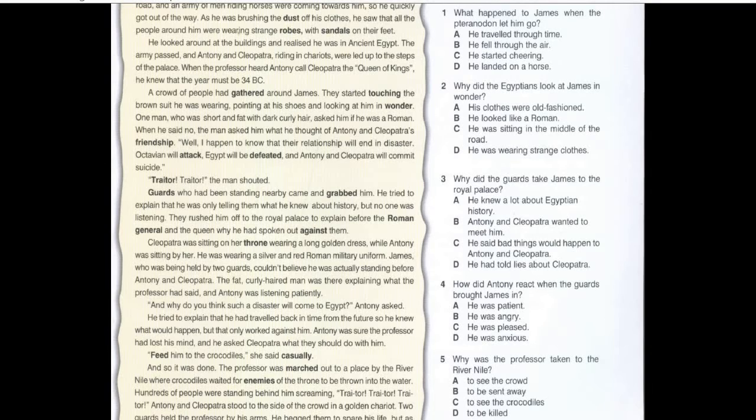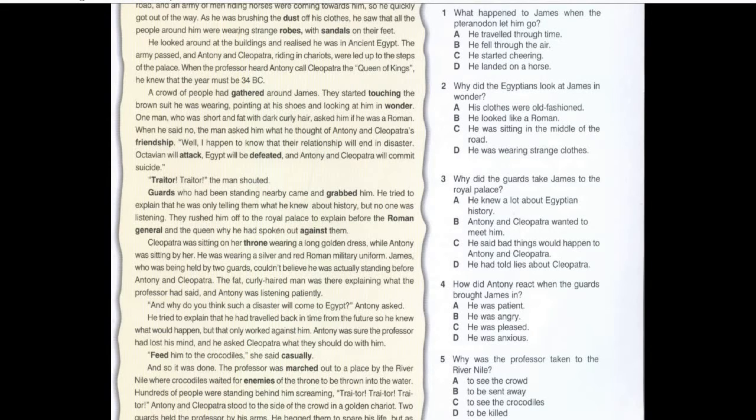He was wearing a silver and red Roman military uniform. James, who was being held by two guards, couldn't believe he was actually standing before Antony and Cleopatra. The fat, curly-haired man was there explaining what the professor had said, and Antony was listening patiently.